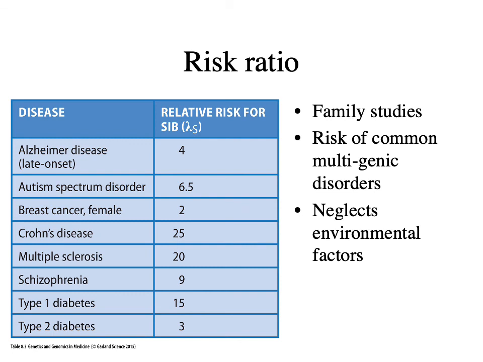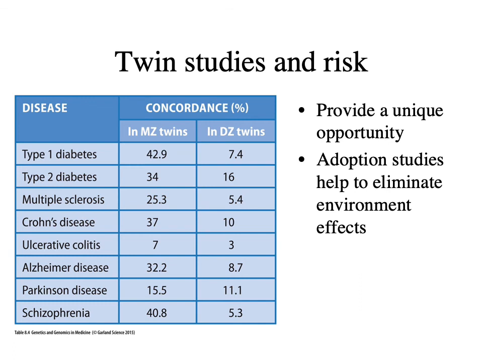This data, as we stated, is derived from family studies, and it does, however, suffer from the negative that it neglects environmental factors. Twin studies often offer an insight into the relative influence of environmental factors, which is often ignored in simple family studies.